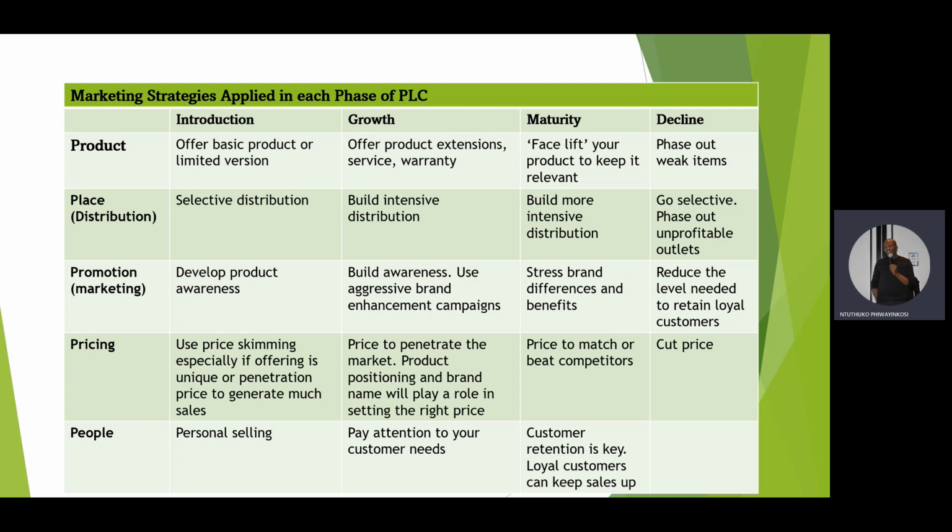Get to know whether people buy your product, rather than just introducing a new product in the market and then you are just all over the place of South Africa. Get to know what is the say of the customers, what is the say of the people that are using your product. So you are doing a selective distribution.